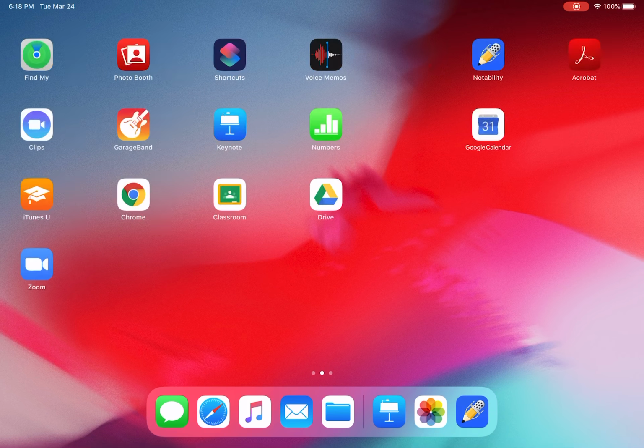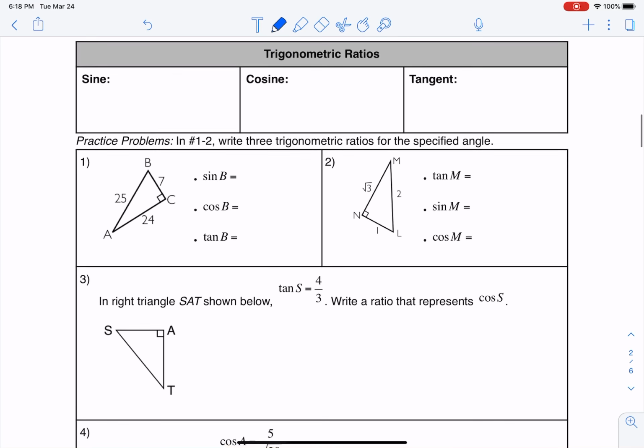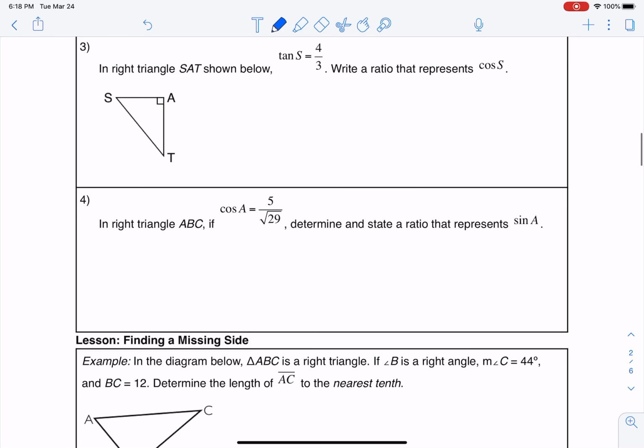On your own, I want you to do practice problem 4. What I would suggest you do first is draw a triangle. My triangle here is hopefully not the best example. Why don't I erase that and start over? So what I would suggest you do to start is draw a triangle, ABC.